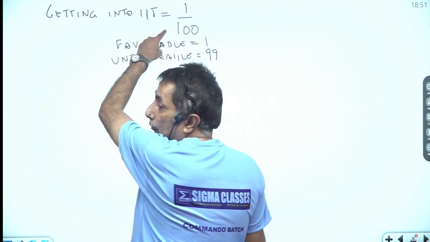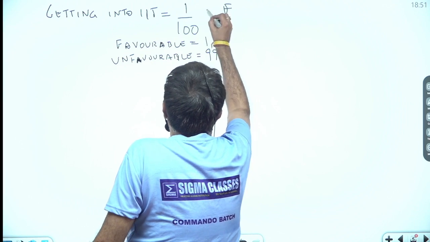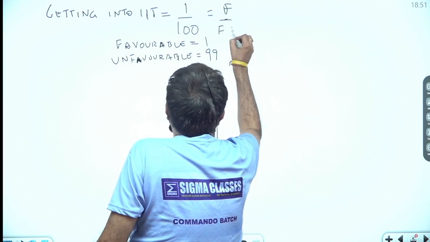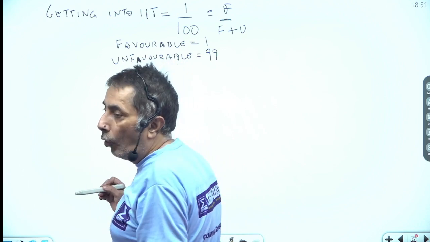So favorable upon unfavorable. So how do you define odds?